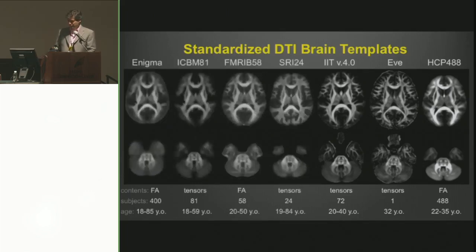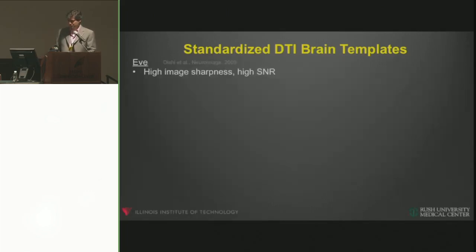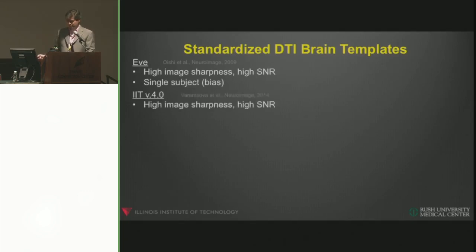So let's summarize the similarities and differences of the different standardized templates. The Eve appears to have high image sharpness and high SNR, but the main issue here is that it's a single subject data set, which means that you may get a bias. It may not be representative of the general population.